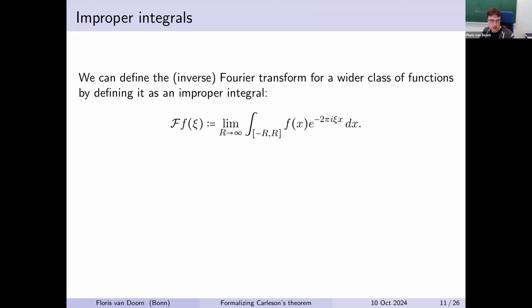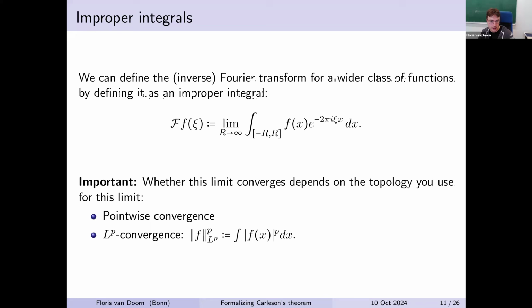So for any locally integrable function, in particular all continuous functions, we can define the Fourier transform and the inverse Fourier transform by just taking the integral over a finite interval and letting that interval go to infinity. And there's an important thing you have to realize when taking this limit, and that is that you can choose different topologies with which you take this limit.